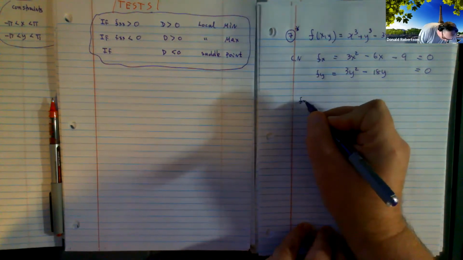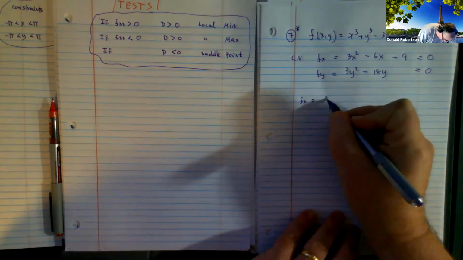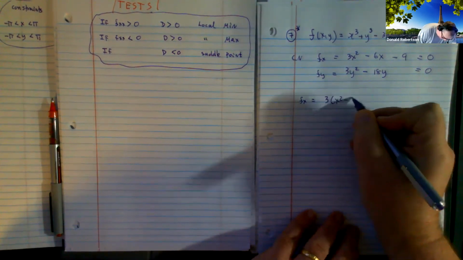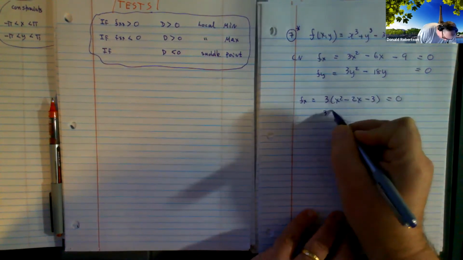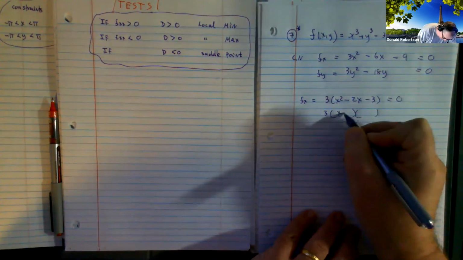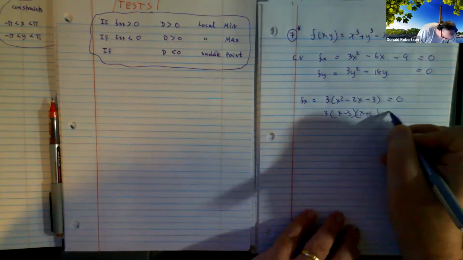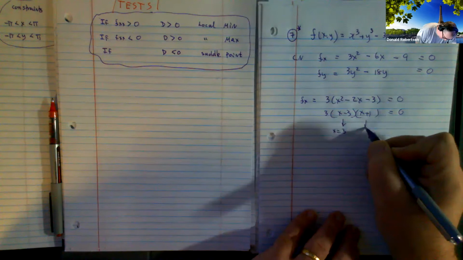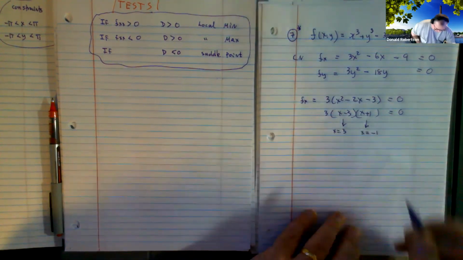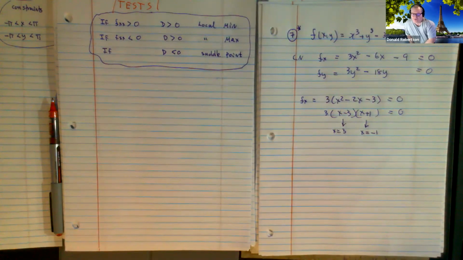If I take this guy and I pull out a 3, we get that. If I then factor, we get that. So doesn't that give me an x is 3, and another possibility would be x is -1. Do you notice that that particular one didn't have any y's attached to it?